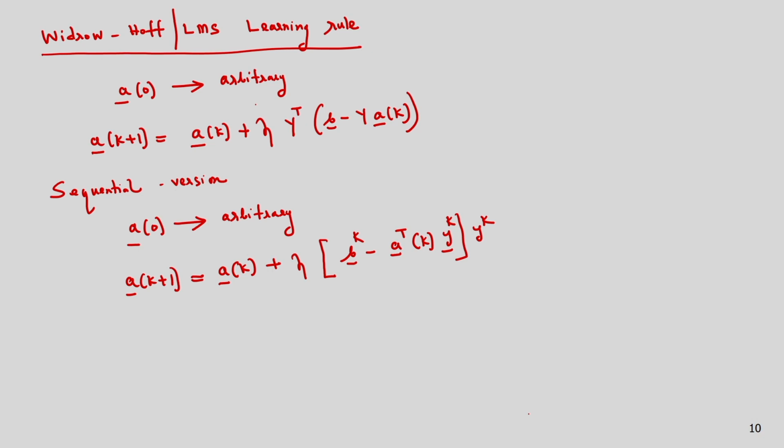Those samples we are considering. So this is the sequential version of the above algorithm, because we have to reduce the memory requirement, and this is the LMS learning rule, or the Widrow-Hoff learning rule. LMS means least mean square learning rule.